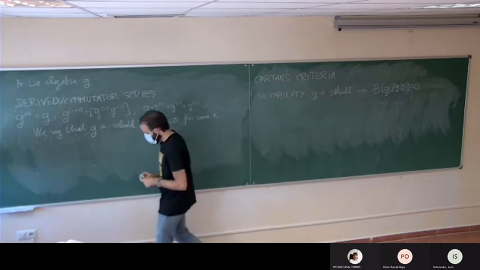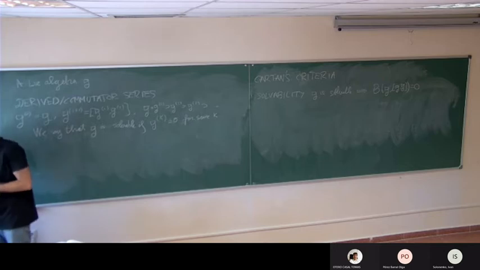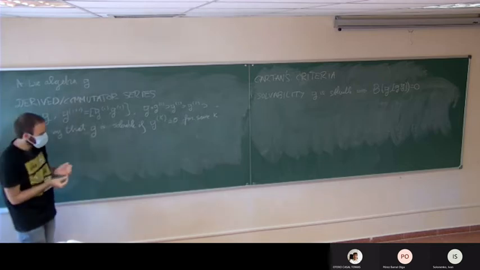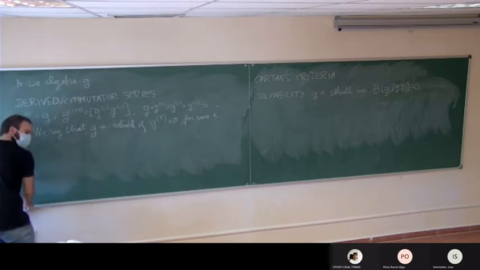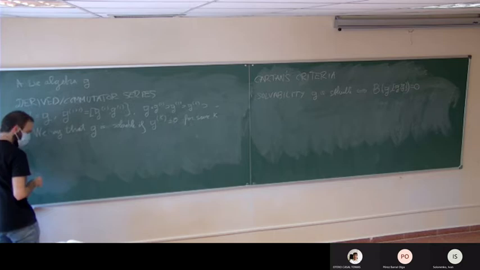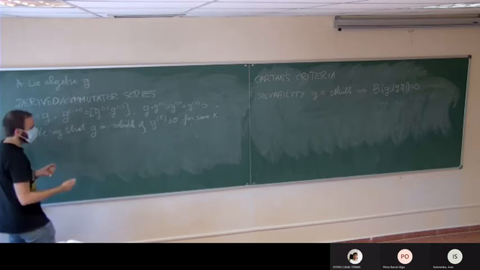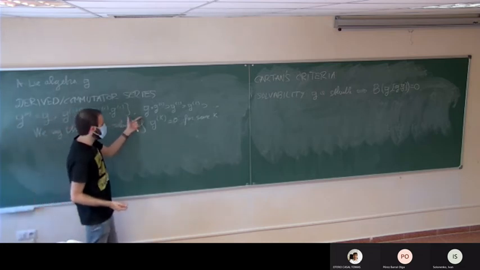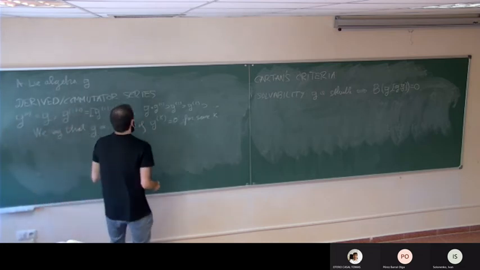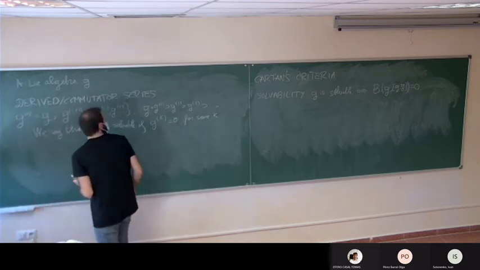And it's easy to see that if G_k is 0, then G_{k-1} is abelian. So solvable algebras contain a non-trivial abelian ideal, unless the algebra which we started with was 0.